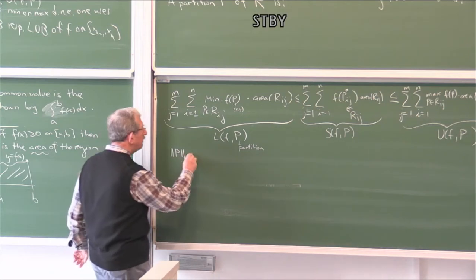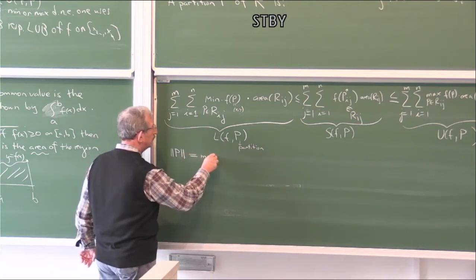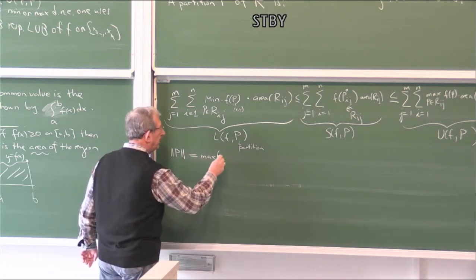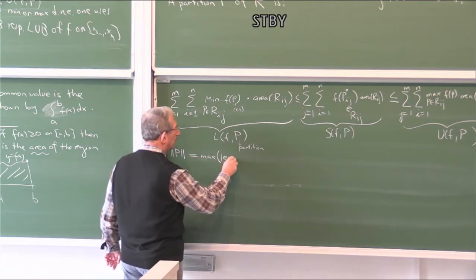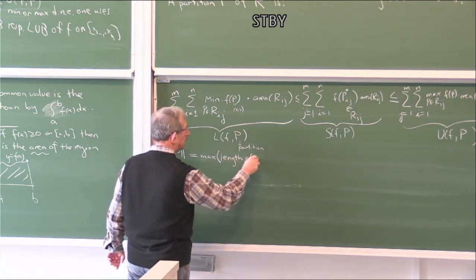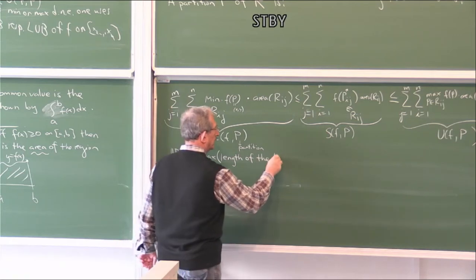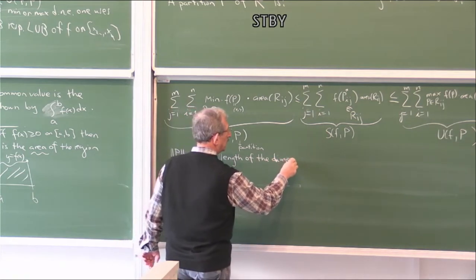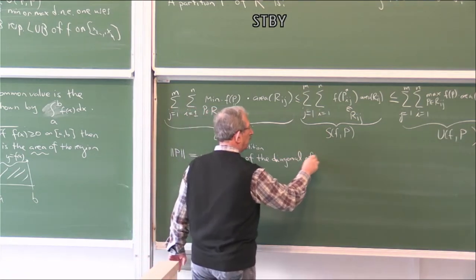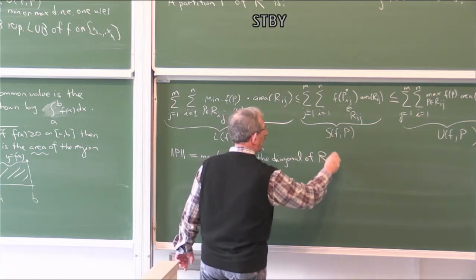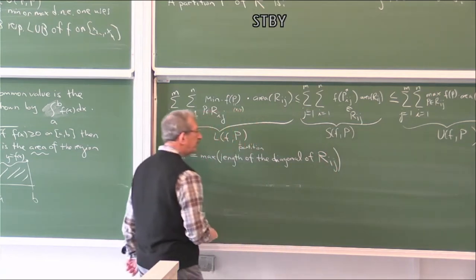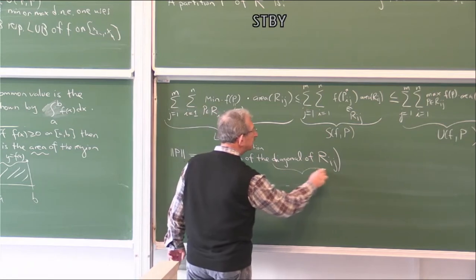So this will be defined as the maximum of the length of the diagonal of rectangle Rij. Of course, what is this?